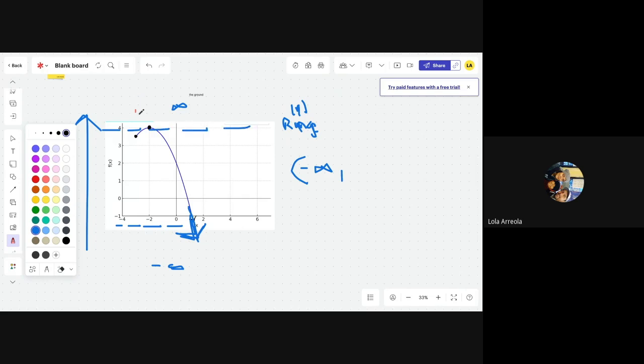What is my highest point? When f of x is 4. You see that? And do I have a point at 4? Is it closed or open? Well, I have a closed point at 4 right here, and it's closed, so that means bracket. So the answer for range would be negative infinity to 4. Again, I'm scanning the graph low to high.